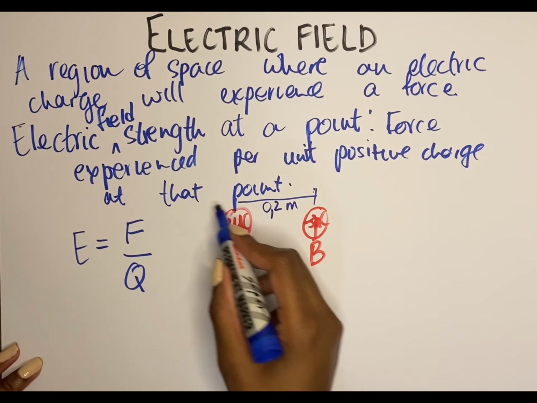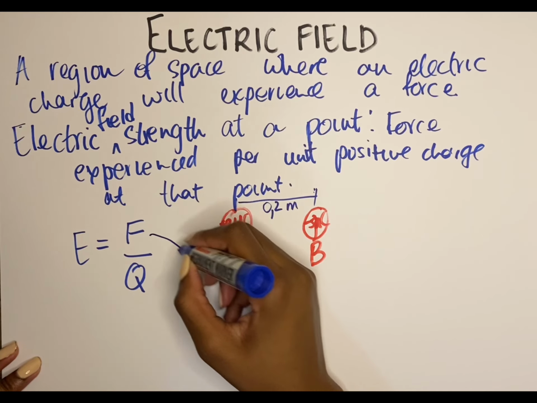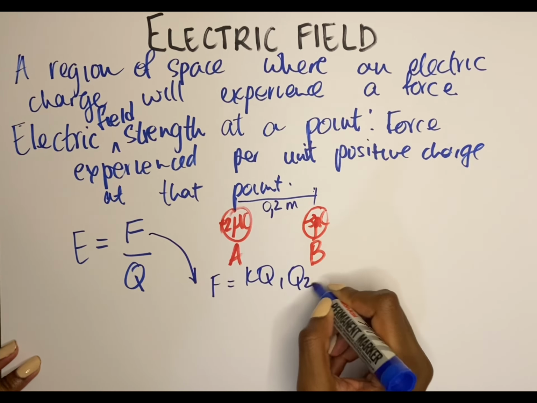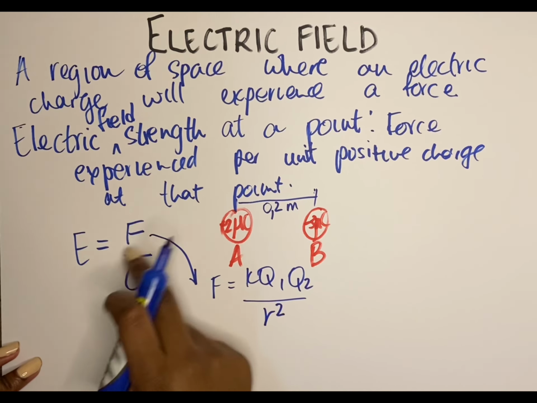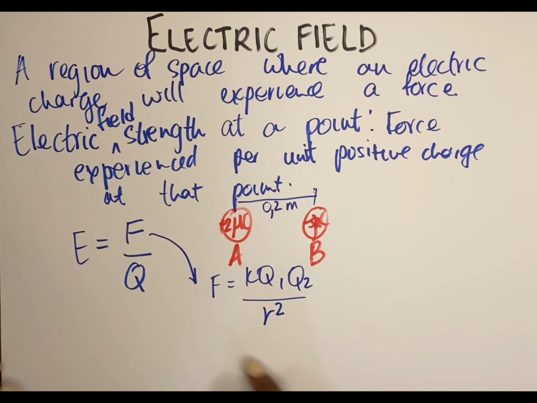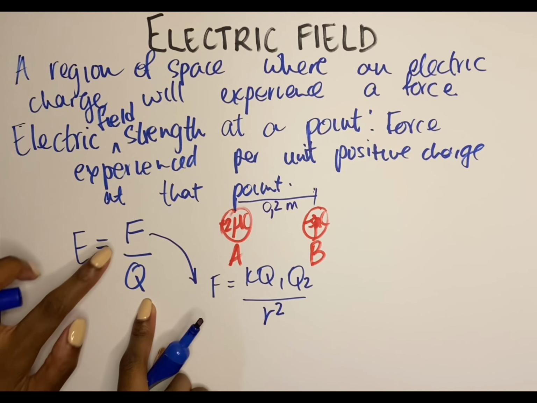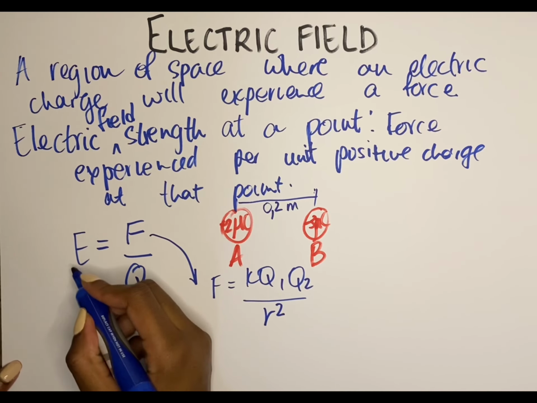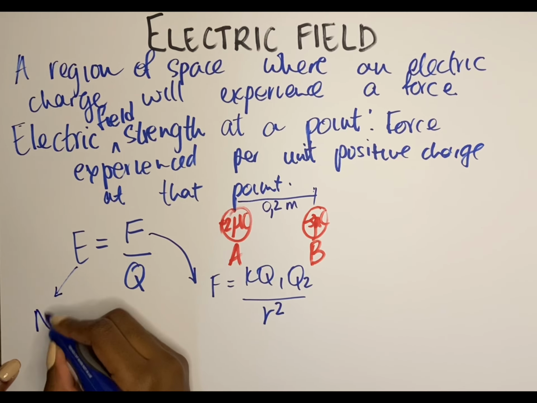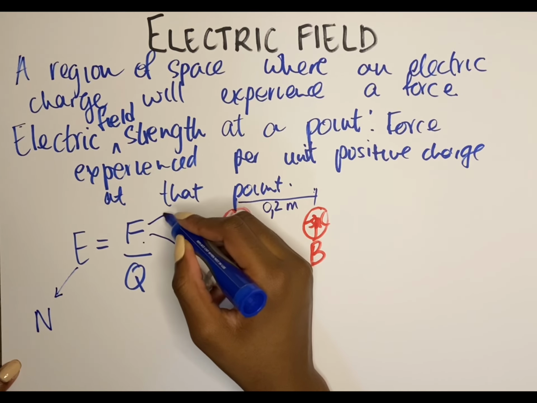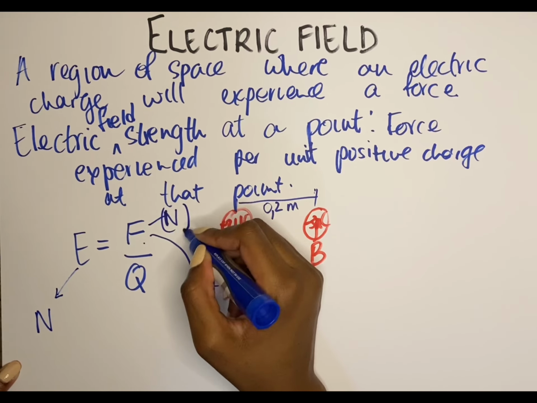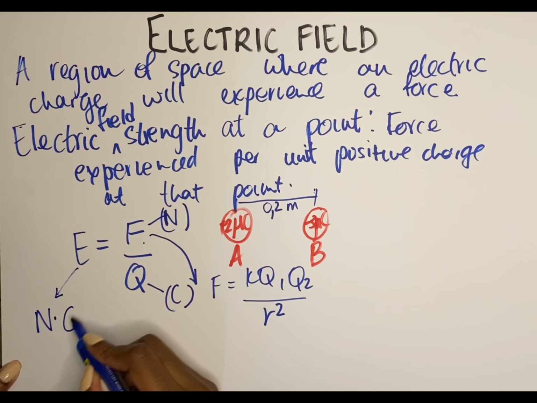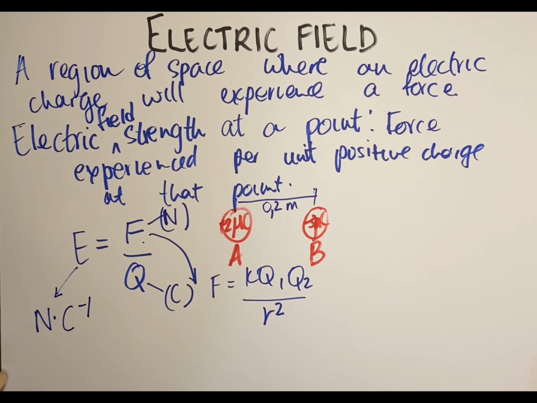That force that you can calculate using F equals k Q1 Q2 over r squared is the force that we are referring to here, right? So it's the net force experienced by that object. The electric field is measured in newtons per coulomb, since force is in newtons and charge is in coulombs.